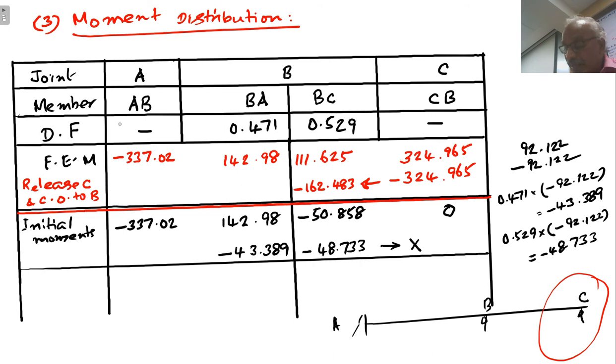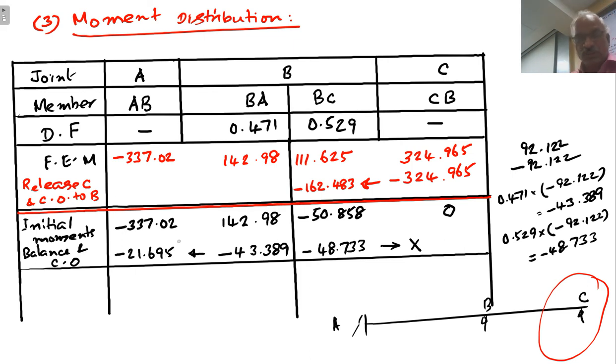Now coming to AB, when you apply a moment, minus 43.389 is applied to BA. This value 48 is applied to BC for balancing the joint. When you apply, there will be a carryover to the opposite end of the same member. So carryover to A will be minus 21.695.